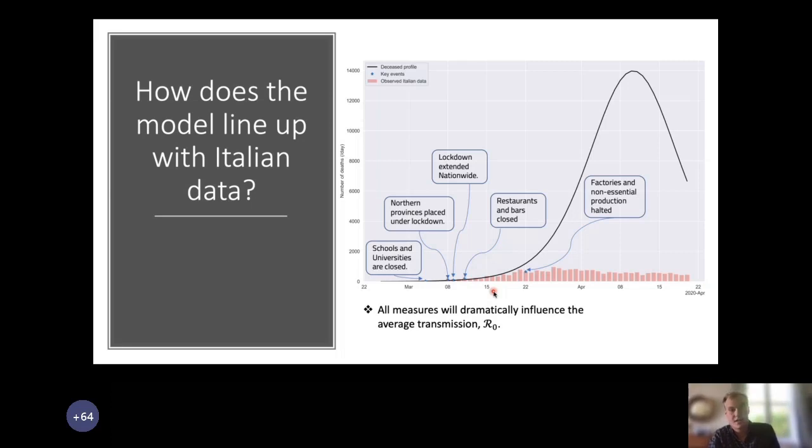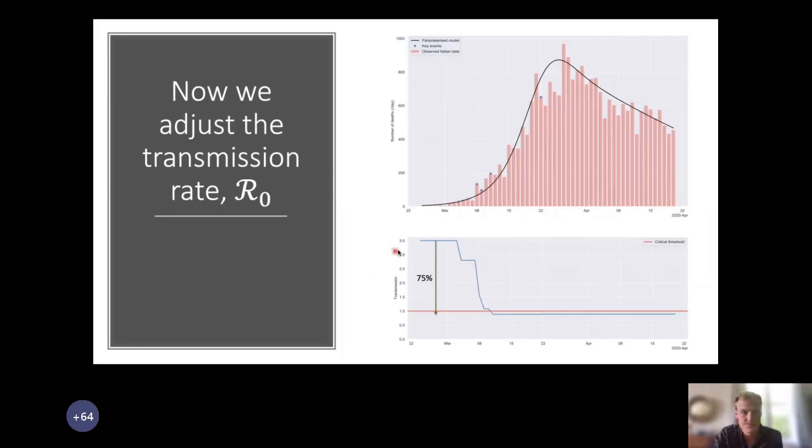So let's try and change the R number in my model at each of these days to fit the data and see how everything plays out. So now we adjust the transmission rate of R0 in the Italian data model.